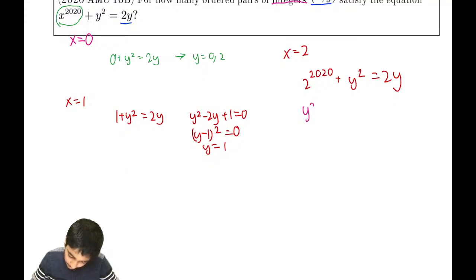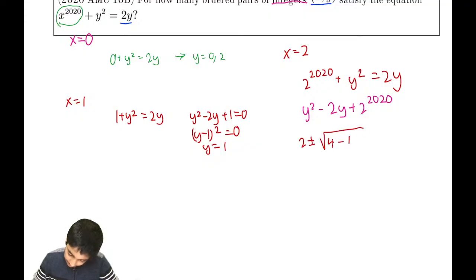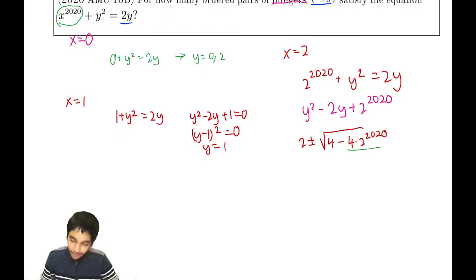So y squared minus 2y plus 2 to the 2020 equals 0, and we can solve it by the quadratic formula: plus or minus the square root of b squared minus 4 times 2 to the 2020. Oh no, 2 to the 2020 is so large that the discriminant of this quadratic is negative. So since the discriminant is negative, there are no real solutions to this equation.